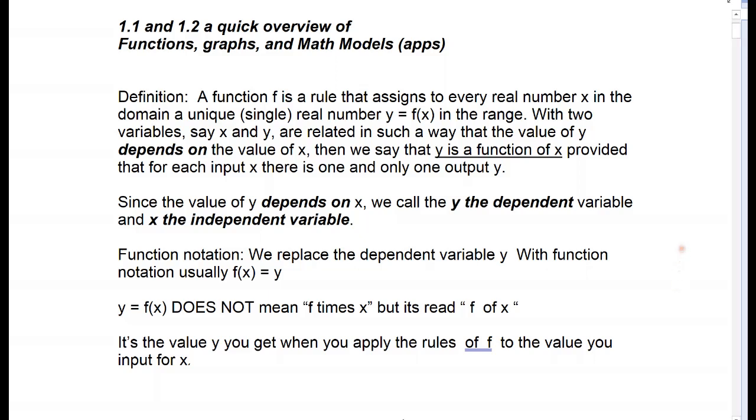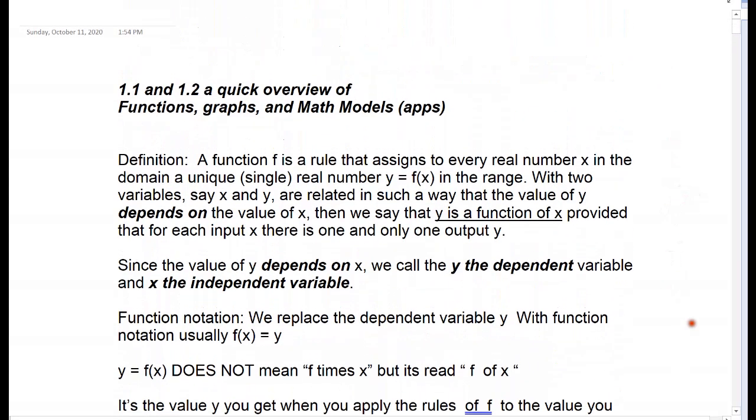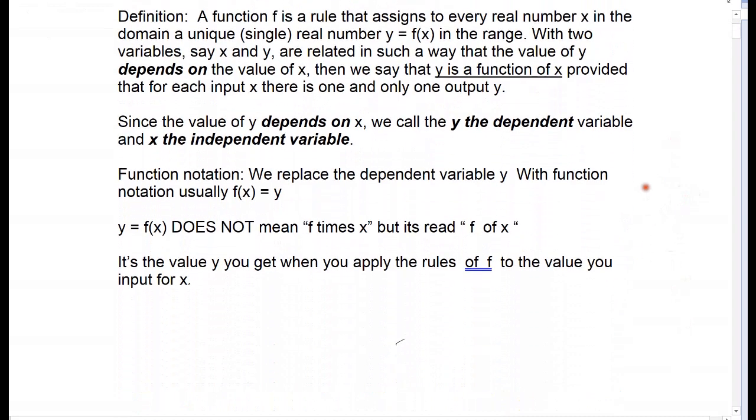over this section. Alright, so first of all, the definition of a function. A function is a rule. So it's a rule that assigns every real number value, x, in the domain, a unique single real number, y, in the range. Alright, so we've got two variables involved here.